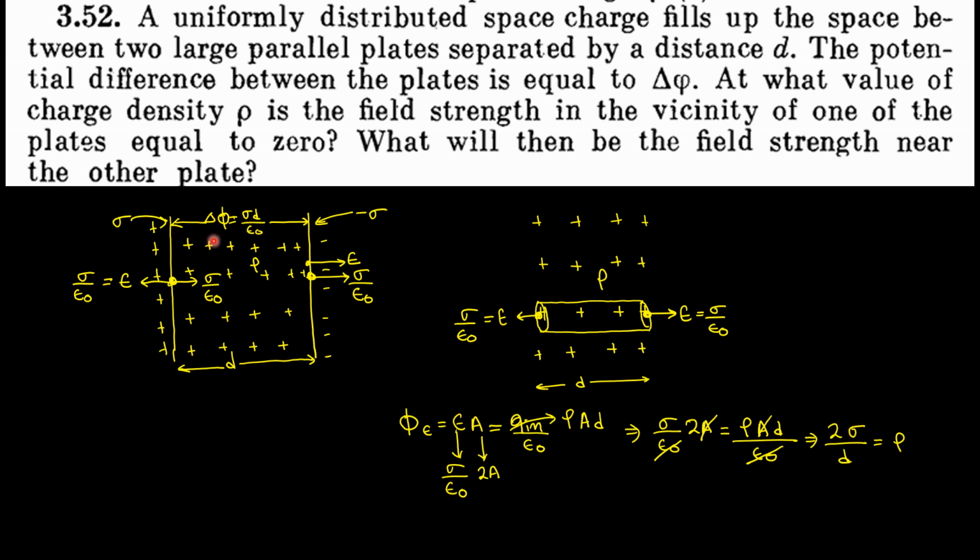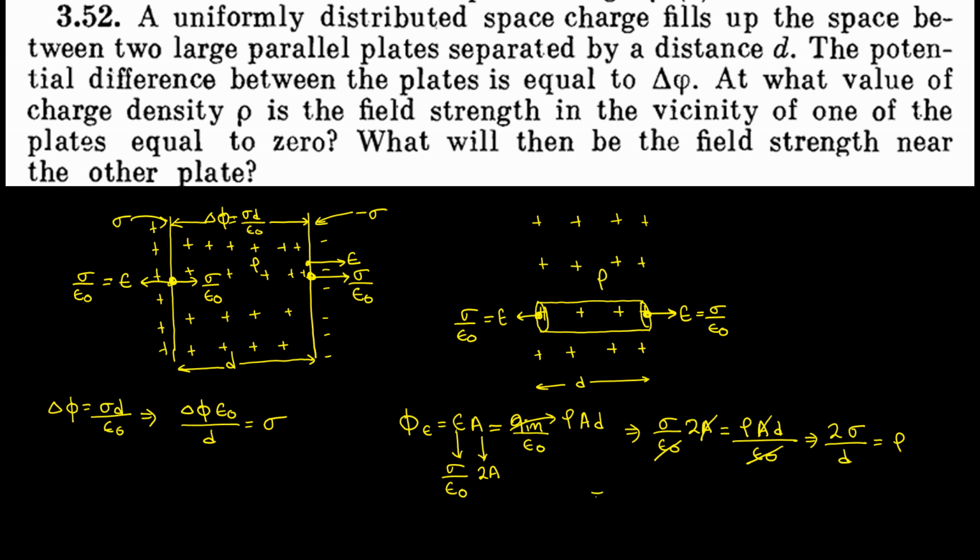So from this equation, what is the value of sigma? If I say potential difference is equal to sigma d by epsilon naught, the value of sigma is delta psi into epsilon naught by d. And if I substitute the value of sigma out here, what do I get?